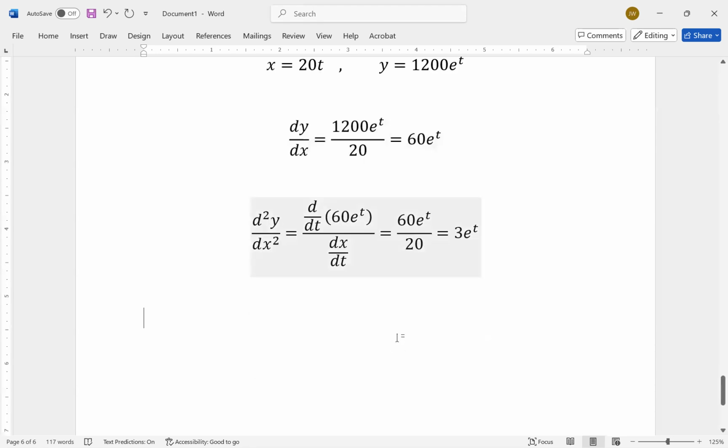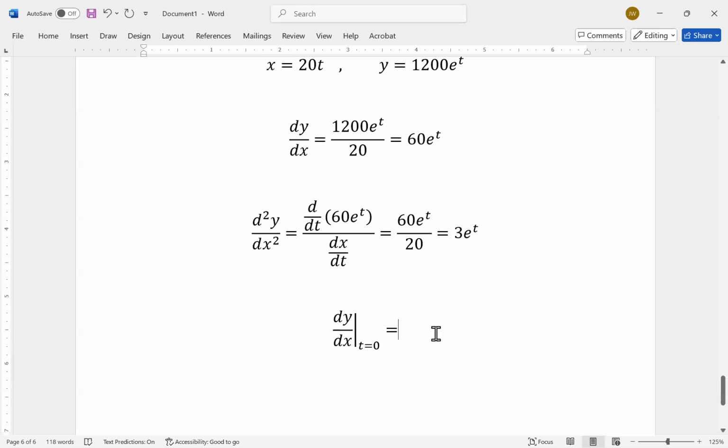So that's my first derivative. That's my second derivative. If I want to find these things at 0, in other words, when t is equal to 0, then I can do that fairly efficiently. Notation here does the following. Derivative of y with respect to x at t equals 0 is going to be 60.